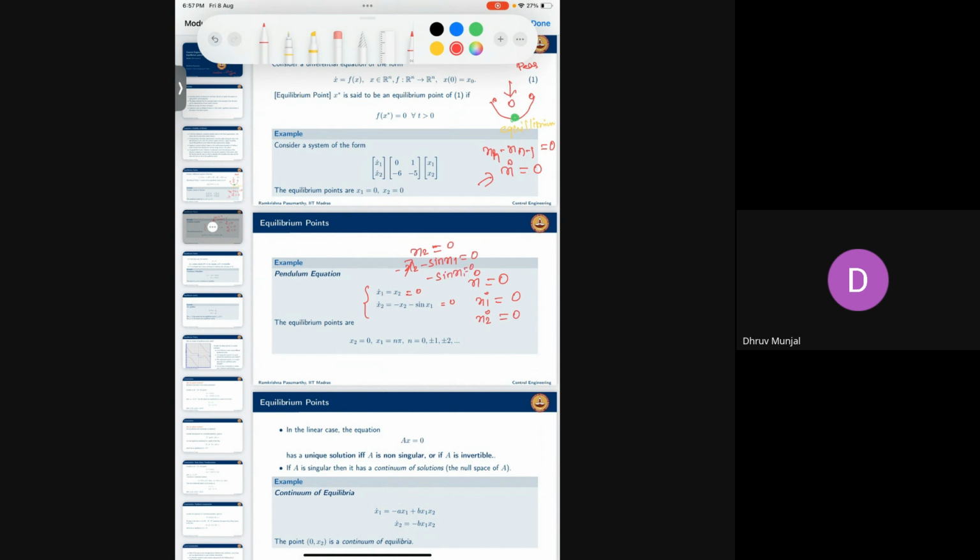So here you should be very careful. You cannot just equate x1 equal to 0. What are all the points where sine x1 will be 0? That you have to see. Sine 0 is 0. Similarly, when you go to sine pi, will it be 0 or 1?